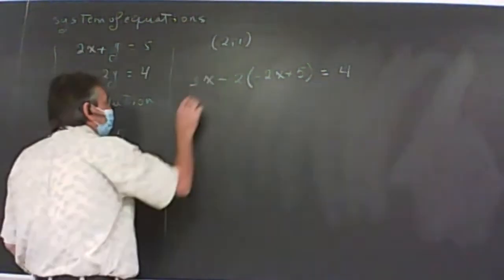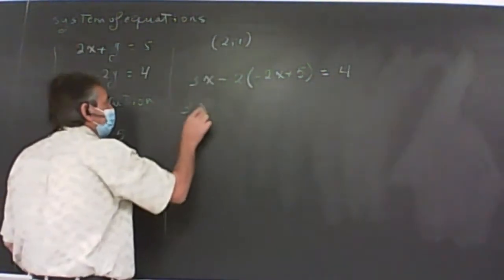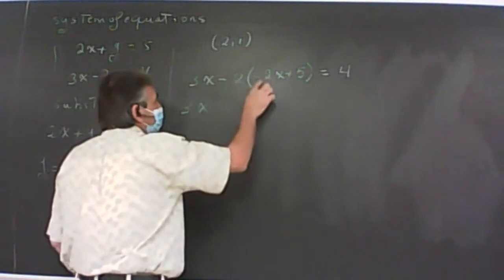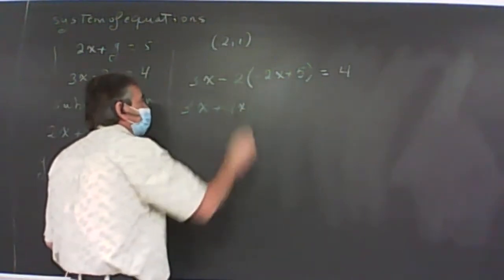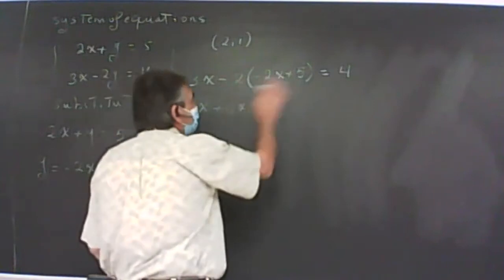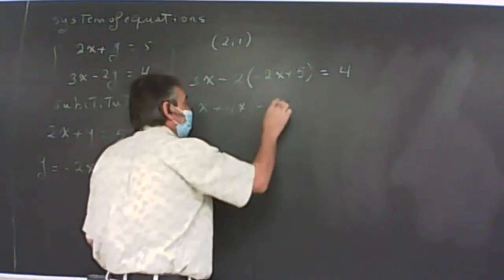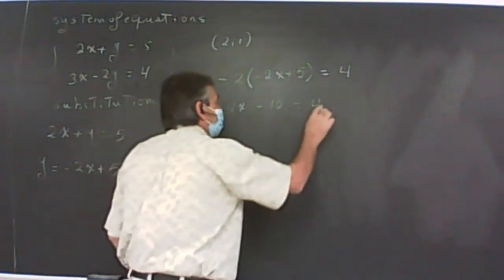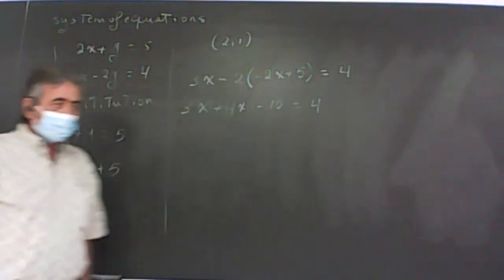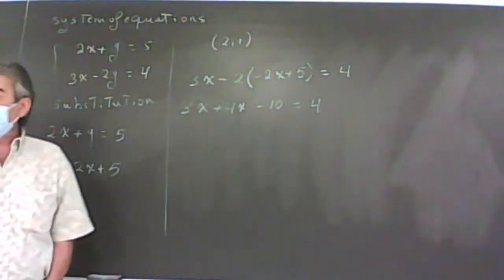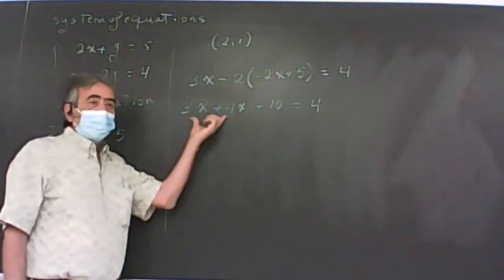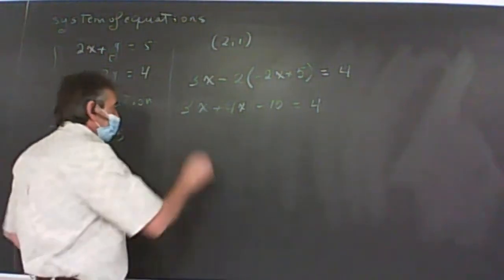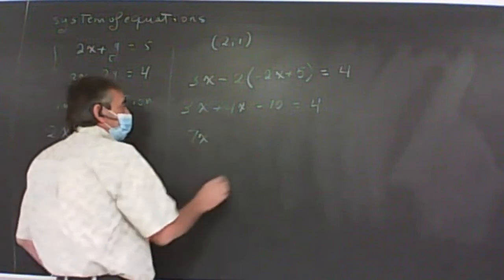So doing that, for 3x, let's simplify this. Minus 2 times the minus 2x is plus 4x. Minus 2 times 5 is negative 10 equal 4. So now simplifying and isolating x, those two x's can be added together to get 7x.